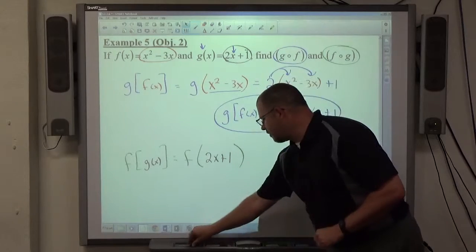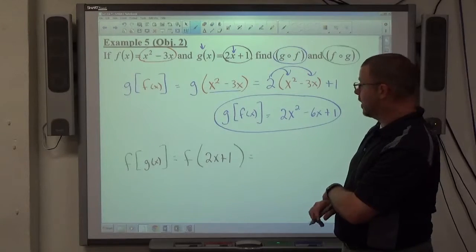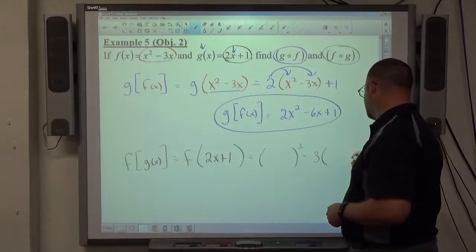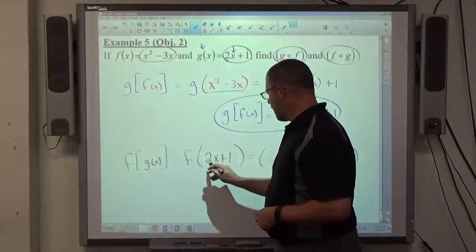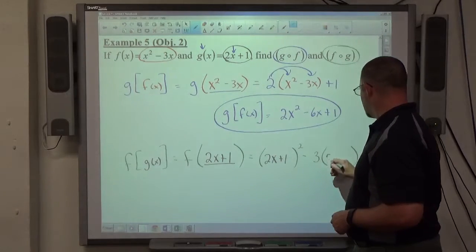And if I want to do f of 2x plus 1, I got to go to function f, which says x squared minus 3x. But instead of x's, I'm doing 2x plus 1's, so 2x plus 1 goes here, and a 2x plus 1 goes here.